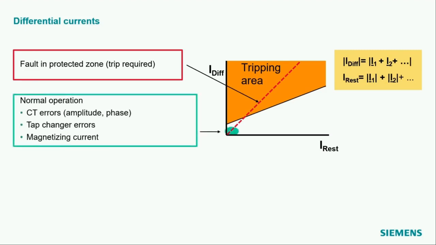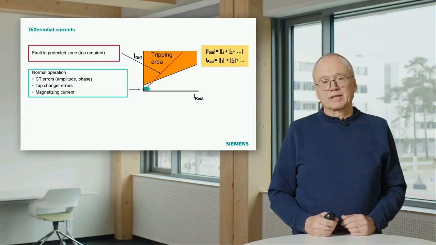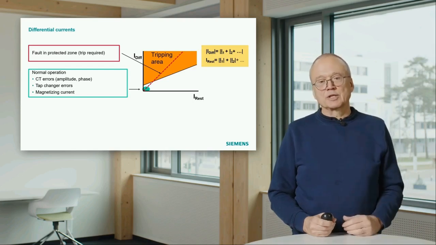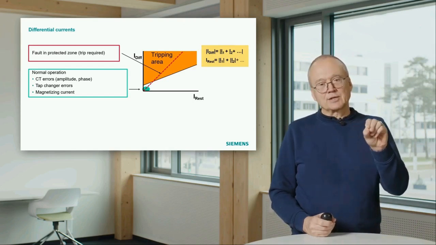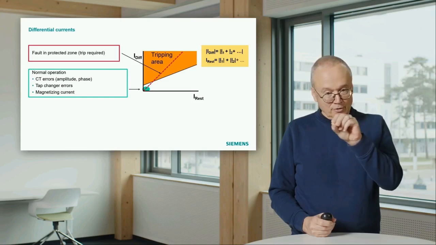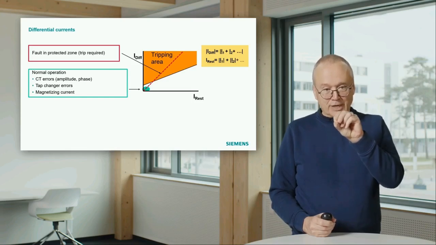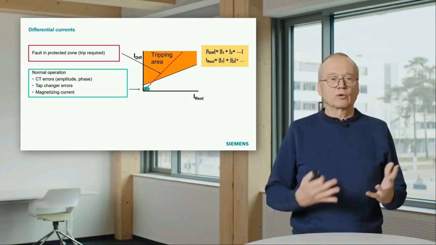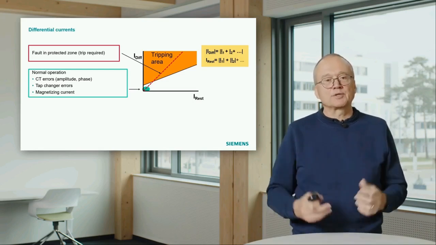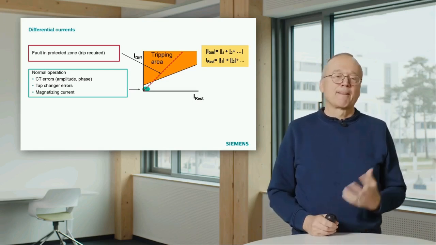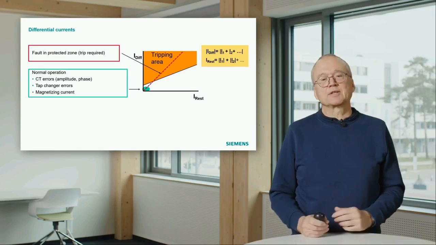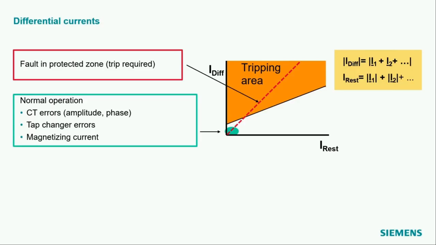If we have normal operation, the operating point is somewhere down there near the origin. Theoretically, it is on the horizontal axis.